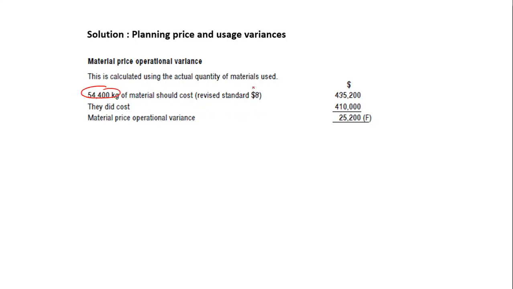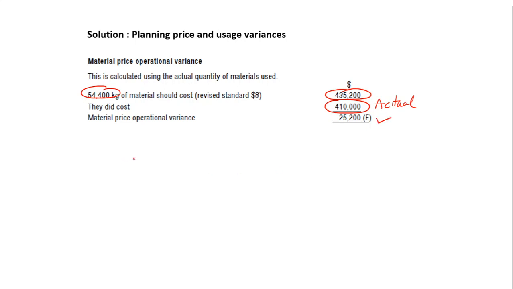And as per price, the revised price was how much? $8. So 54,400 kgs multiplied by $8, it should have costed us $435,200. But in reality, that is the actual cost. It costed us only $410,000. And hence we used $25,200 less. And this is your favorable variance.